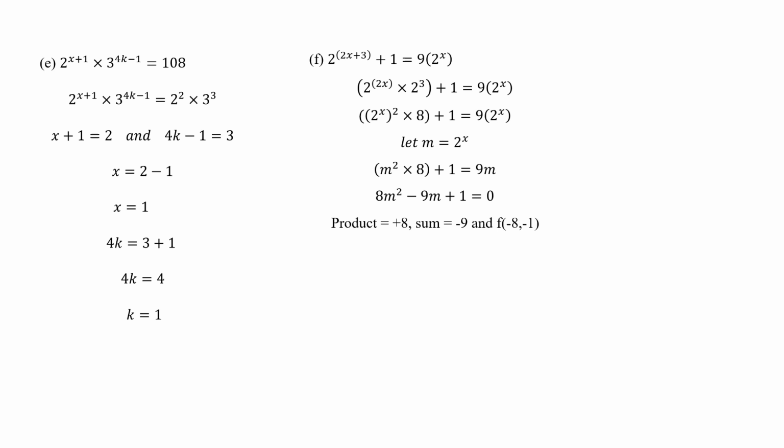Then we are going to substitute these factors where the sum is. So the 8m squared, which was there already, then the minus 8m and the minus m, plus the 1 to be equal to 0. So we are going now to factorize two terms.